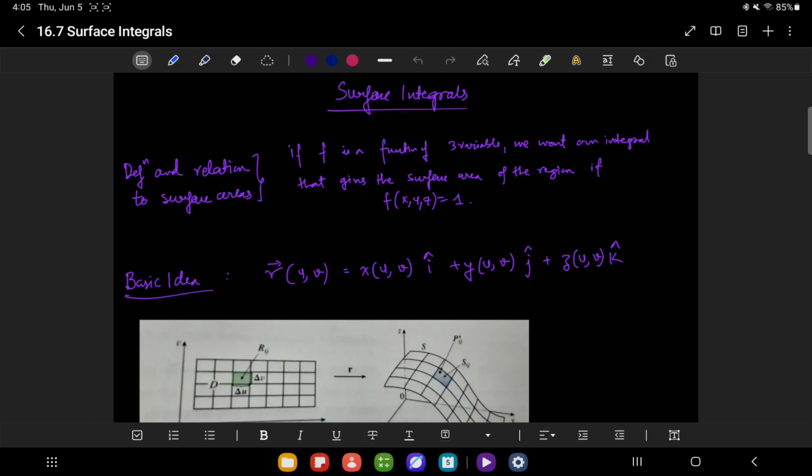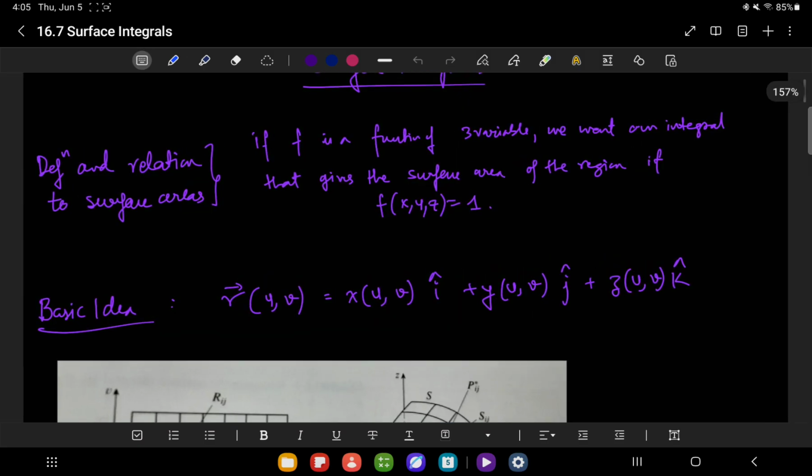And here surface integral is somewhat similar, except it is defined in a slightly motivated way, which is that if f is a function of 3 variables, we want to create an integral that gives the surface area of the region if the function is constant.